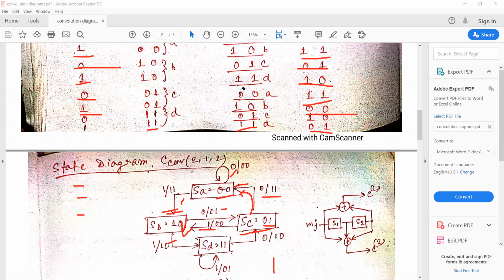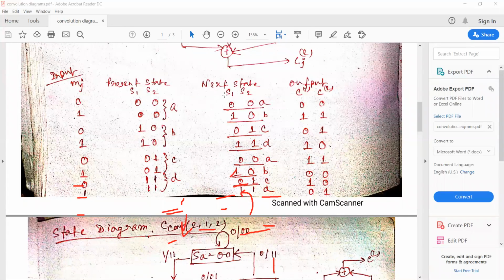Okay. So you have already studied the state diagram in the previous video lecture. Depending on this table, we will also make the other two diagrams, which are called the tree diagram and the trellis diagram.